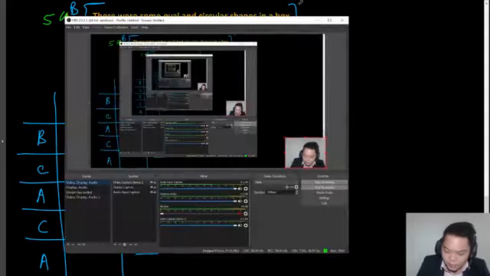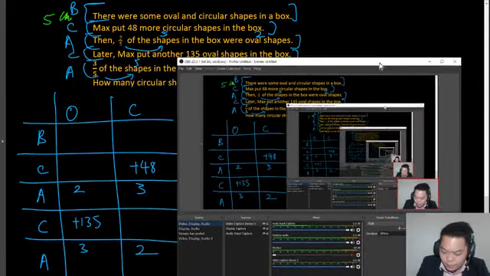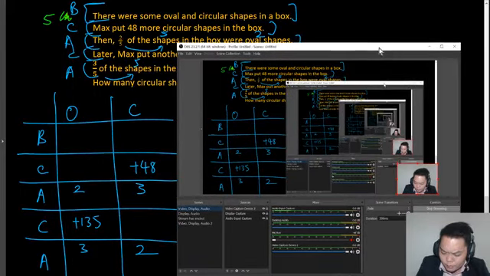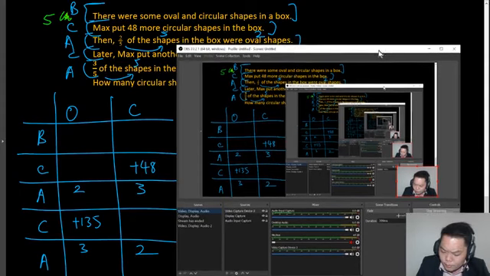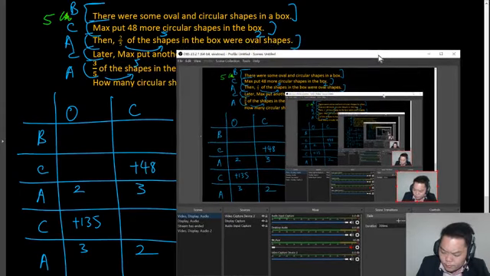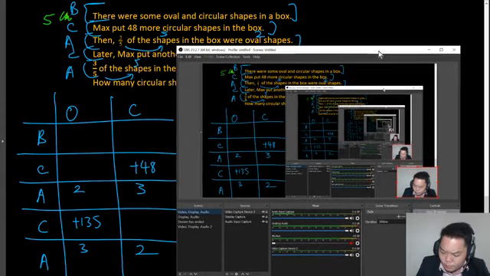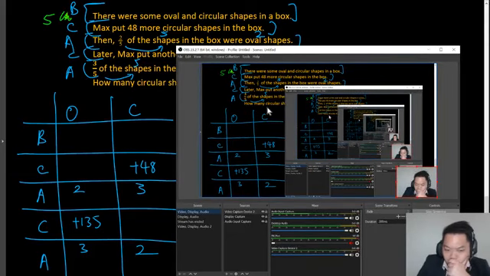Yeah, let me check something first. Can you all see anything, or did it hang? Okay, I think I have to give up the recording first.